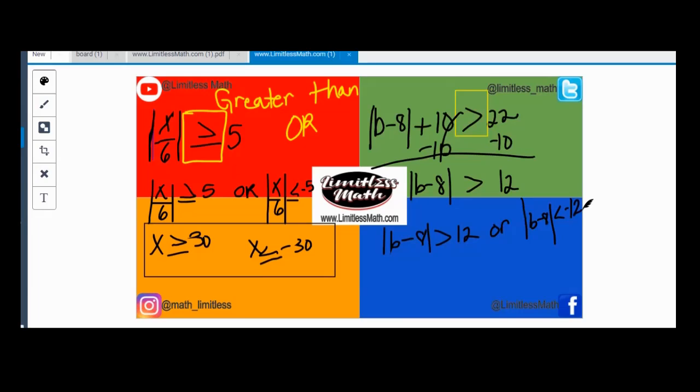So this should say b minus 8 greater than 12, or b minus 8 less than negative 12. But we'll continue on to solve. So we're adding 8 on both sides. b is greater than 20, or b is, we add 8 on the other side of that one, b is less than negative 4. And those would be your solutions.